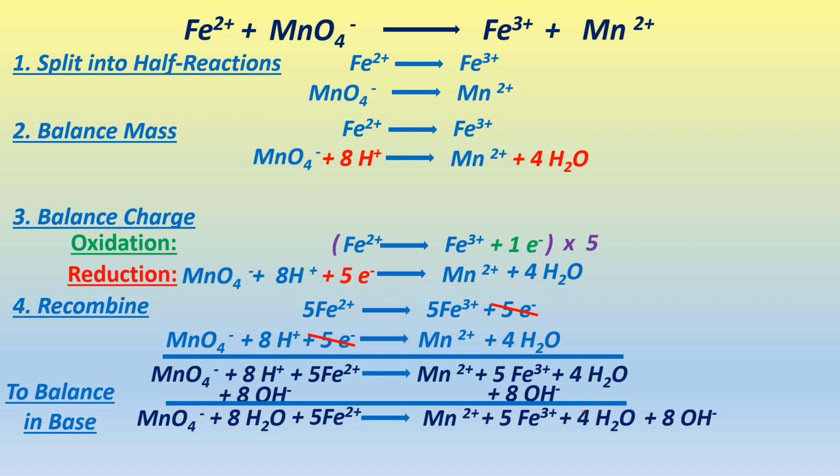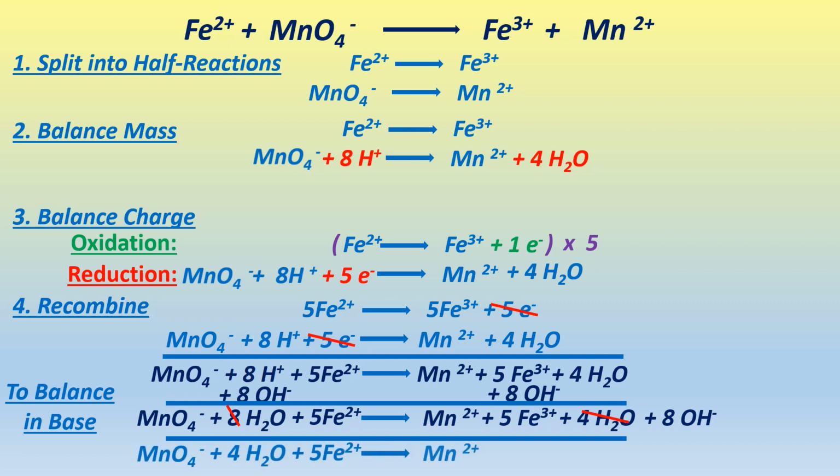I got 4 on the right, 8 on the left, meaning when everything is completely balanced, I will have a permanganate with 4 remaining waters reacting with 5 Fe2 plus to give Mn2 plus, 5 iron 3, and 8 hydroxides in base.